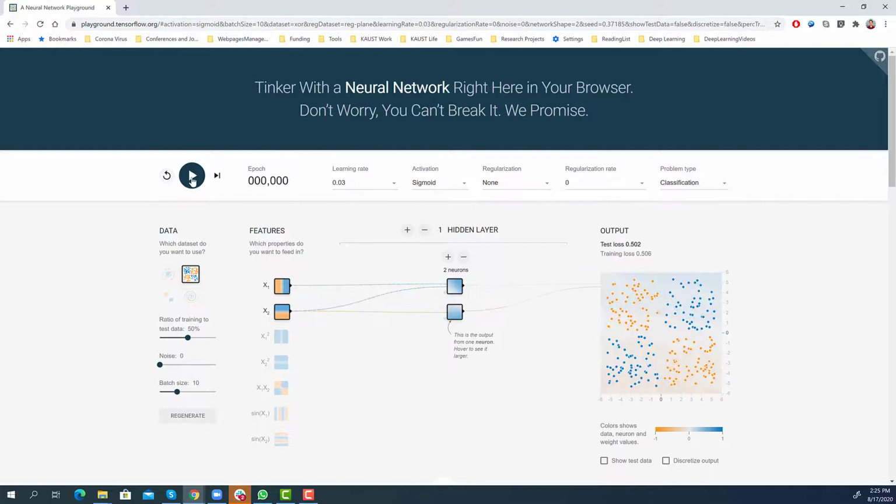Maybe let's try another initialization and try again. Let's see if something better happens. Nope. Okay, so what you can do now is maybe add more neurons. Let's add 6 neurons and see if we can improve.